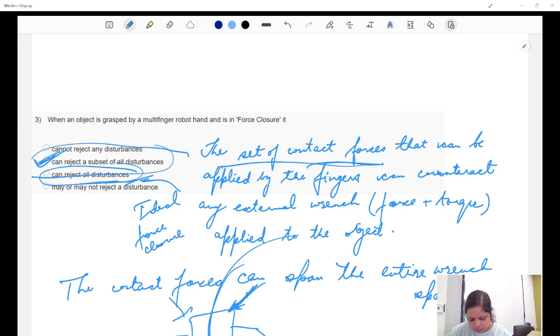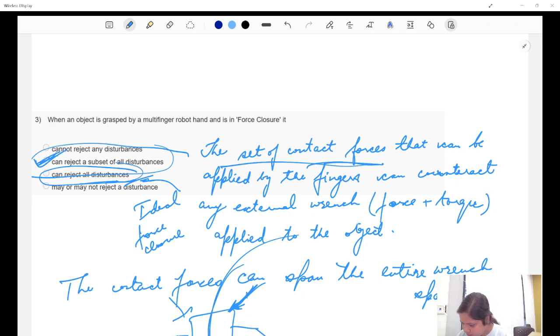It can reject all disturbance twists and wrenches. Then it can reject a subset of all disturbance wrenches. Okay. So whether it could be, it can reject all disturbance twists and wrenches, will it be possible? For wrenches, it is definite. Subset is also definite.